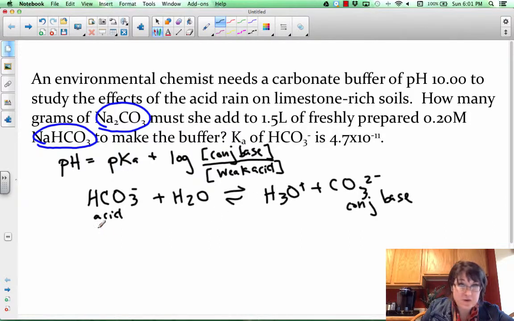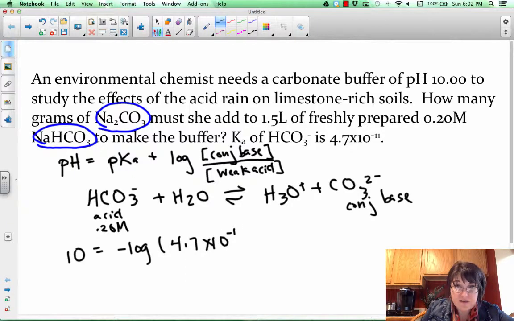And we also know that we have 0.20 molar concentration already of the bicarbonate ion. So let's start using the Henderson-Hasselbalch equation. We know that we want a pH equal to 10. We also know how to take the pKa, that means the negative log of our Ka value, 4.7 times 10 to the minus 11 power.